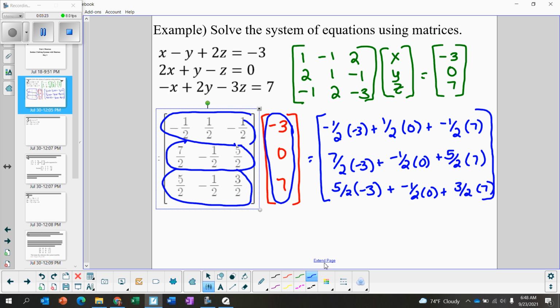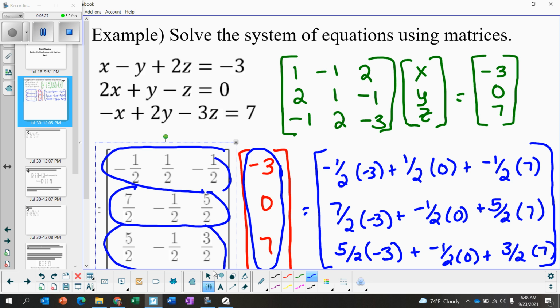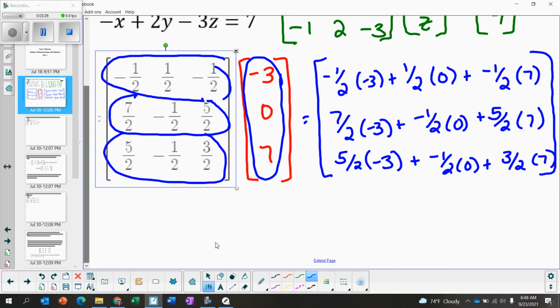All right, and we know from here we're going to start doing some math. Let me switch this to be page 1. All right, so -1/2 times -3, we're going to have +3/2 plus 0. And then -1/2 times 7 is -7/2.